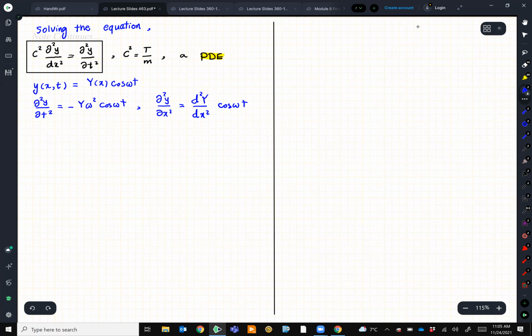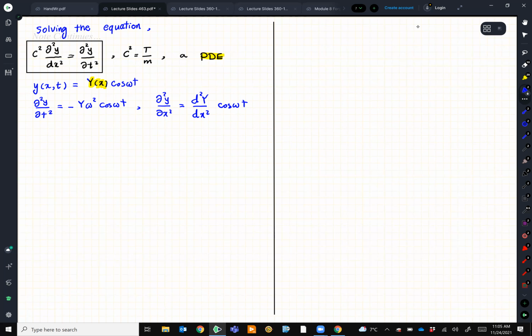I emphasized last day that when we take the partial derivative, we use the sign for partial derivative, and when it is only one variable, which is the scenario here for the capital Y(x), we don't need to use the partial derivative because it is just a function of one thing. We substitute these things in the equation.